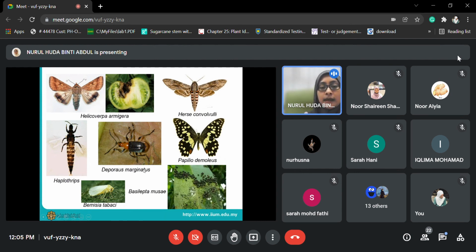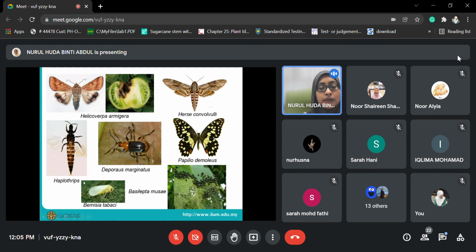Okay, and then we have Deporaus marginatus and Basilepta musae, which is beetle and weevil. This one is beetle and this one is weevil. Okay, that feed on Anacardiaceae leaf. Maksudnya Anacardiaceae adalah keluarga mango. So any type of mango, any type of plant that falls under Anacardiaceae, you will see this insect as their pest lah.